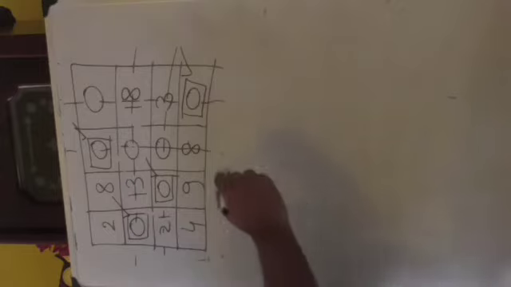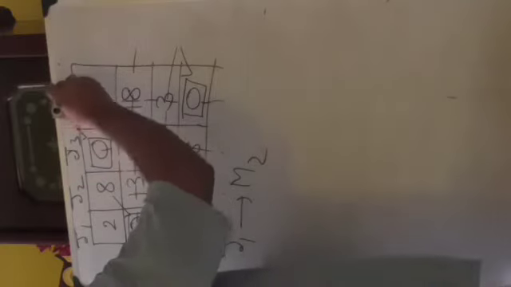We'll write down the final assignments as job 1 is assigned to M2. If you remember, I have written these as J1, J2, J3 and J4, and this was M1, M2, M3 and M4.